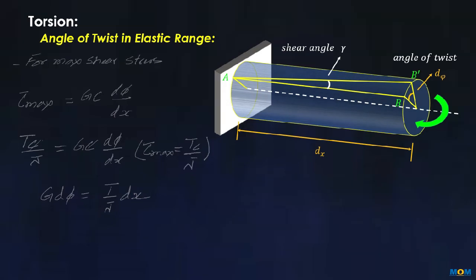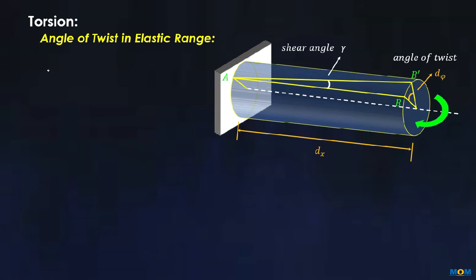Now by integrating both sides, we can write this as G integral 0 to phi d phi is equal to T upon J integral 0 to L dx, where L is the maximum length of the shaft.